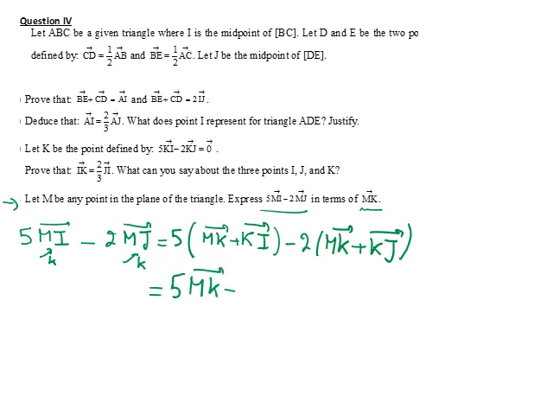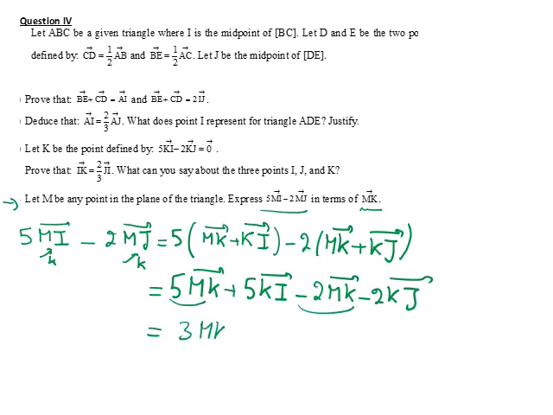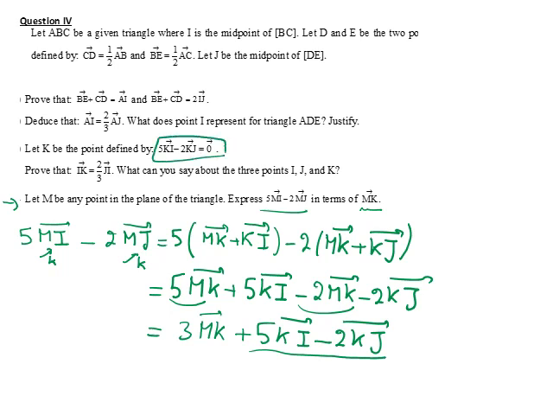That is 5MK plus 5KI minus 2MK minus 2KJ. 5MK minus 2MK is 3MK, plus 5KI minus 2KJ. As we know, 5KI minus 2KJ is equal to 0. So 3MK plus 0 is equal to 3MK.